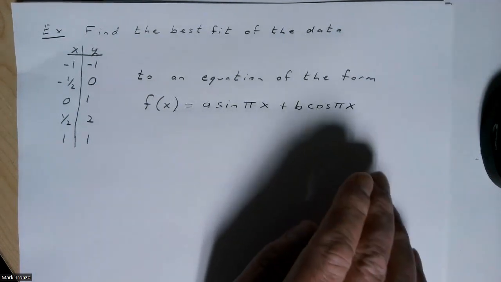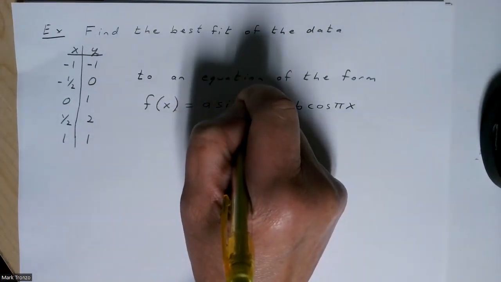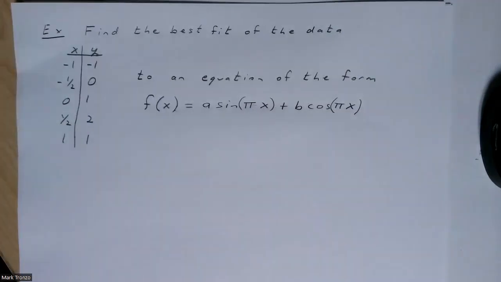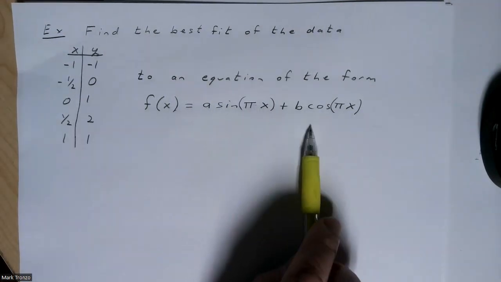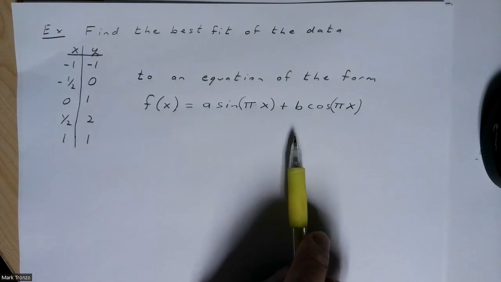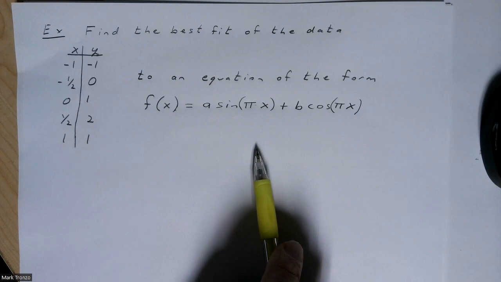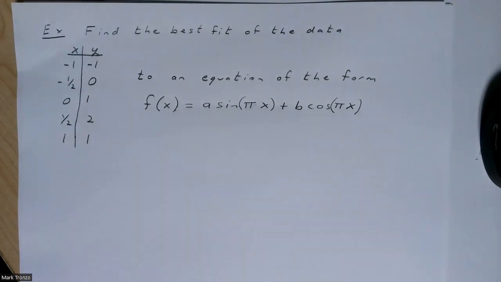Of course, this is pi x here. And this time, again, we're going to have just two constants we're going to fit. So we'll follow the same procedures as before. It's going to look a lot different, but it's going to follow pretty much the same steps that we did for our straight line. So let's take a look at this.